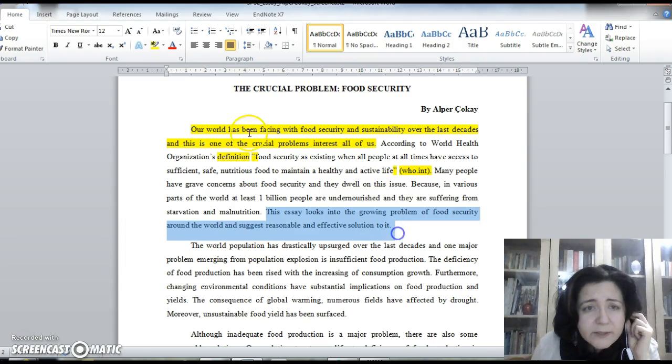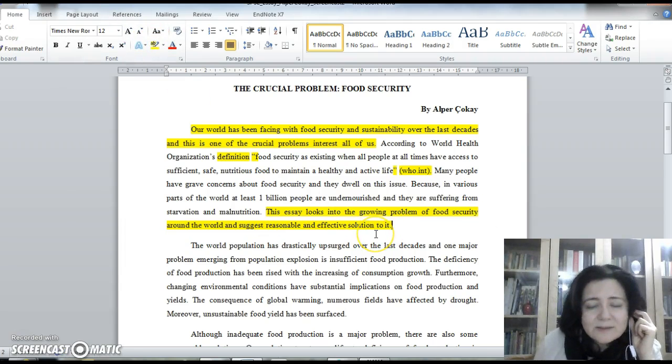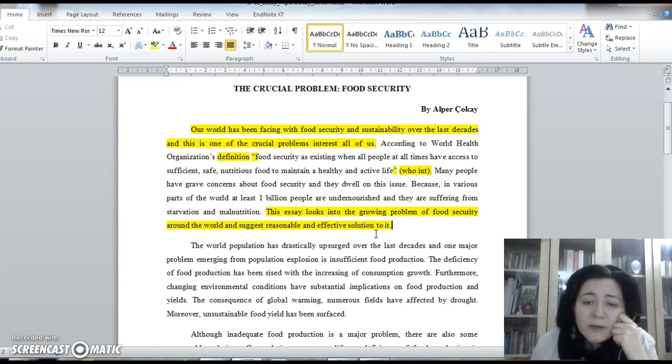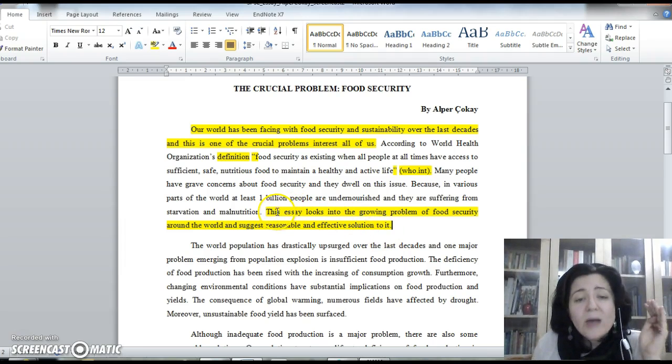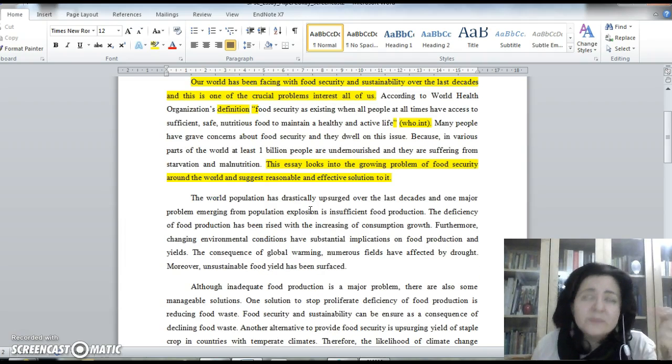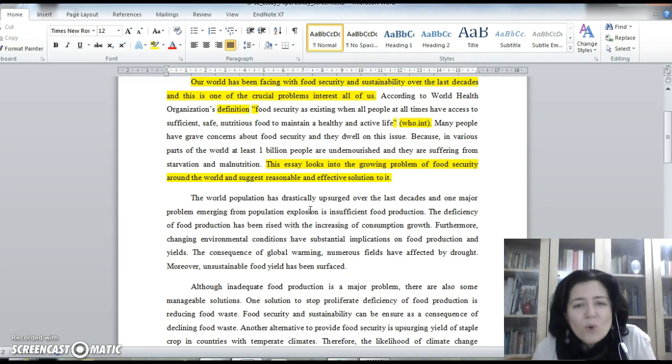It could be the last sentence of the introduction paragraph, the situation paragraph, or it could be towards the end of this paragraph, not necessarily the final sentence, but we need to have a sentence that functions as the thesis statement, or to put it more informally, the roadmap of what we'll be writing about in our essay.